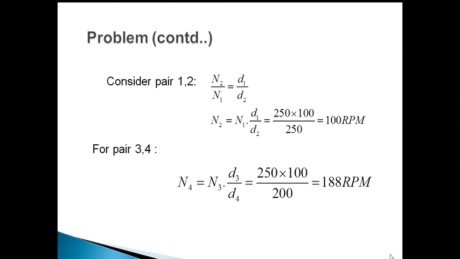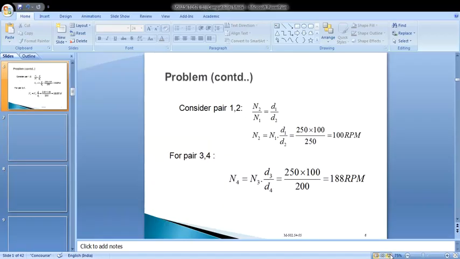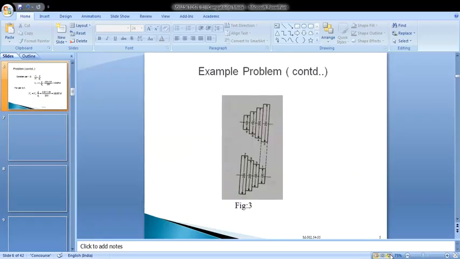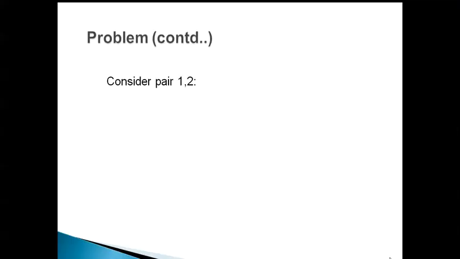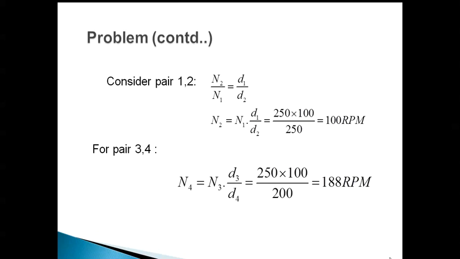Considering N3 is 250, and D3 is 150 and D4 is 200, N4 equals 188 rpm.